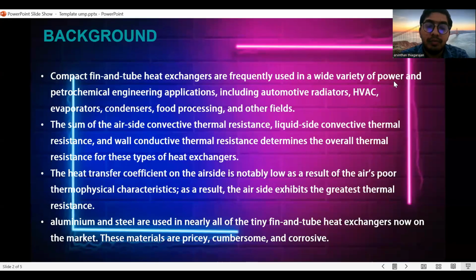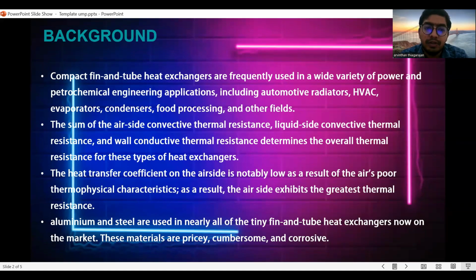Next, today I'm going to present the background of the project. Compact fin and tube heat exchangers are frequently used in a wide variety of power and petrochemical engineering applications, including automotive radiators, HVAC, evaporators, condensers, food processing, and other fields.